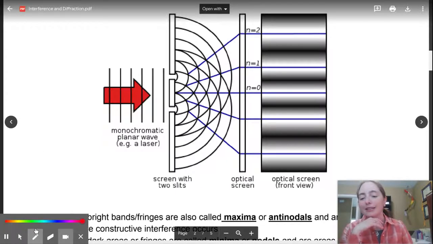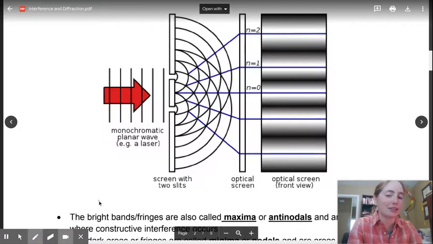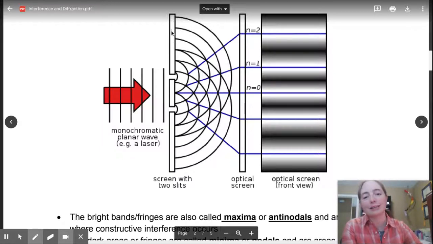All right, so ladies and gentlemen, let's spend a decent amount of time looking at this diagram and see what the heck is actually happening here. So what we have with Young's double-slit experiment is this barrier here with two gaps in it. Now these bars here represent the peak of a sound wave.